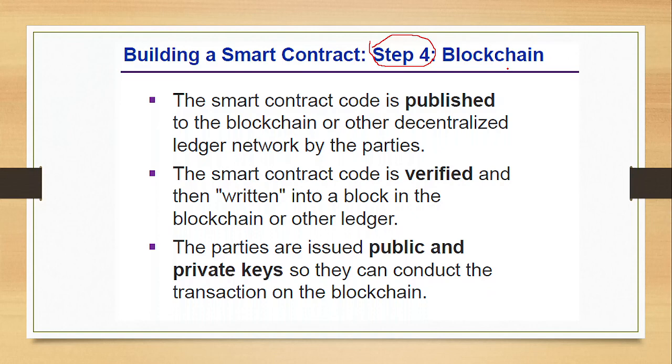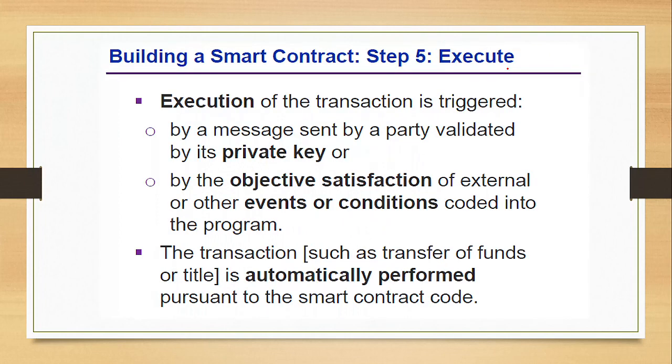These are some of the blockchain requirements. If you don't understand how blockchain technology works, kindly review our first tutorial on blockchain technology. Step 5, after we have implemented our blockchain, is now just to execute.